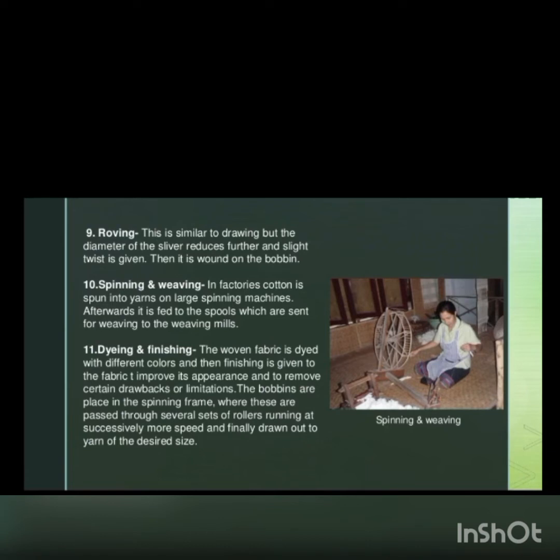The woven fabric is dyed with different colors and then finishing is given to the fabric to improve its appearance and to remove certain drawbacks or limitations. The bobbins are placed in the spinning frame, where these are passed through several sets of rollers running at successively more speed and finally drawn out to yarn of the desired size.